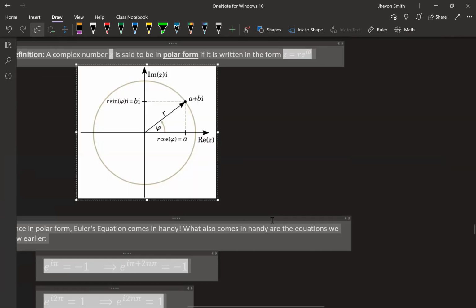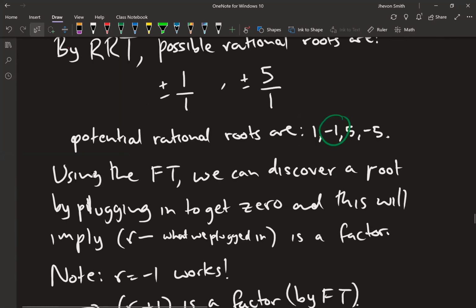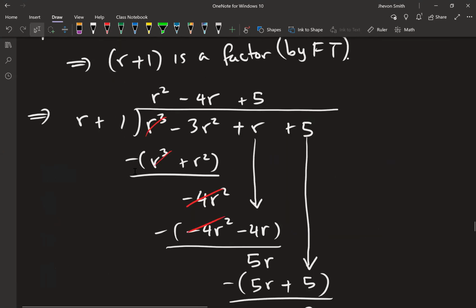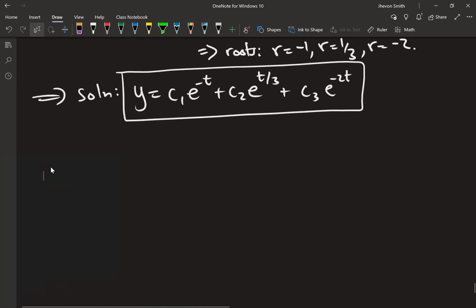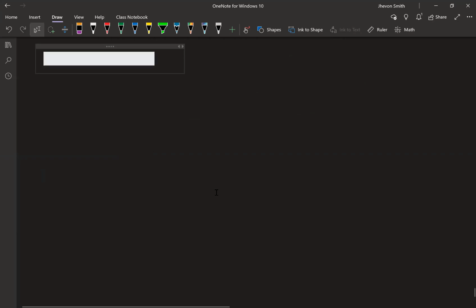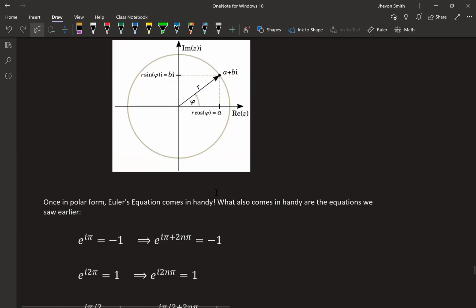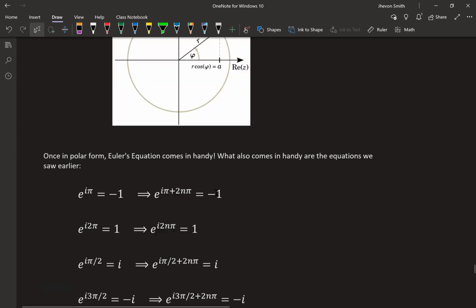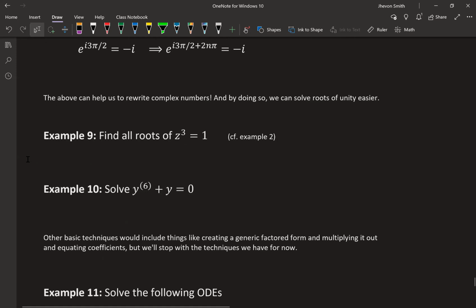And then those are just some more examples. Second, I'm just cleaning some stuff up here.